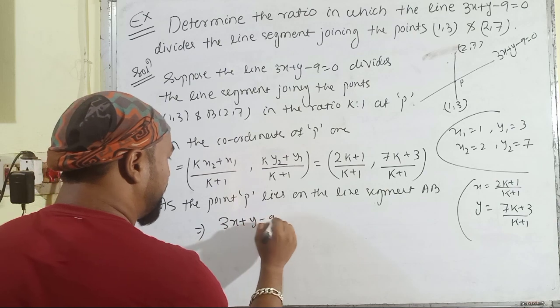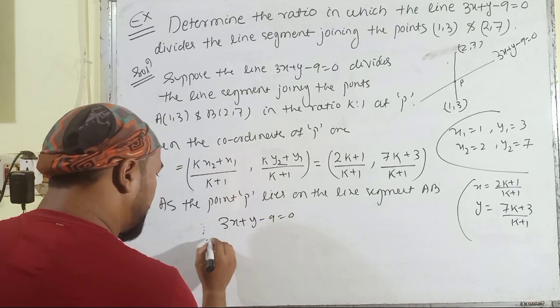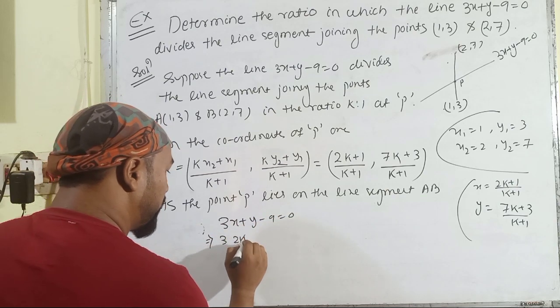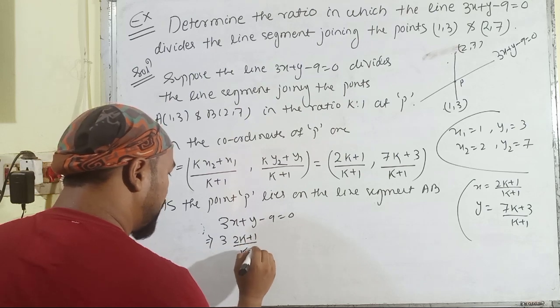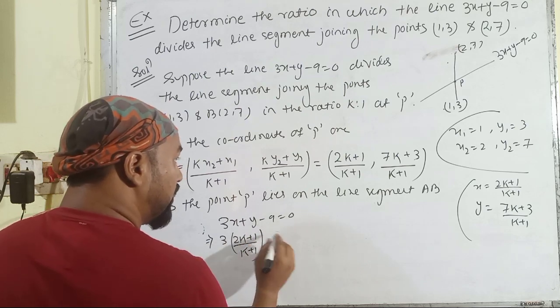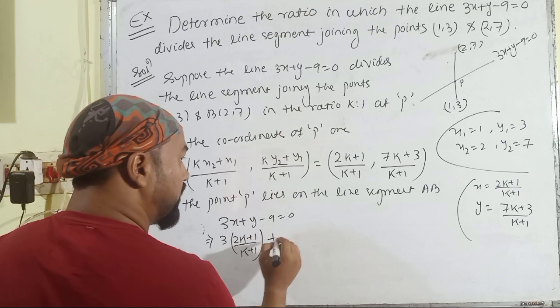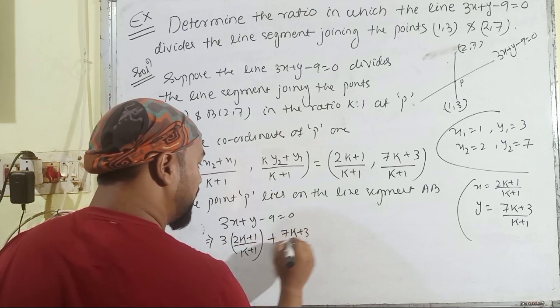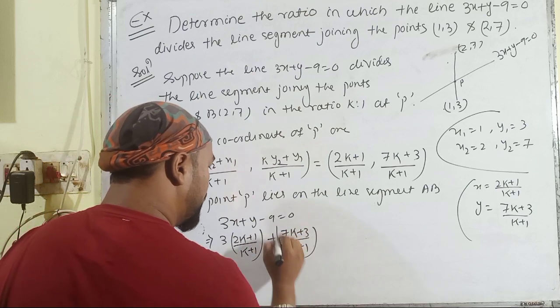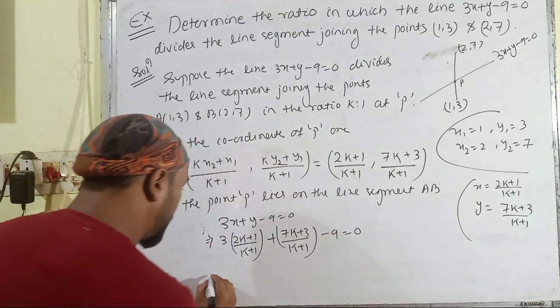3x plus y minus 9 is equal to 0, that implies 3 into (2k plus 1) divided by (k plus 1) plus y, (7k plus 3) divided by (k plus 1), minus 9 is equal to 0.